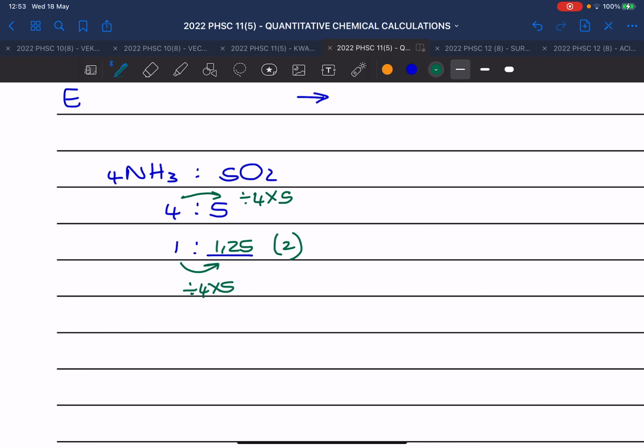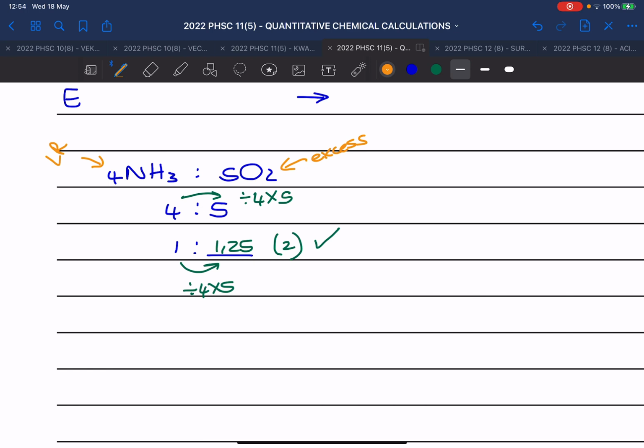I need 1.25. I have 2. Check. I have more than enough. So from that, I derive this one is in excess. I have too much of it. I only need 1.25, but I have 2. And this one here is my limiting reagent. It's the one that I'm going to use everything of.